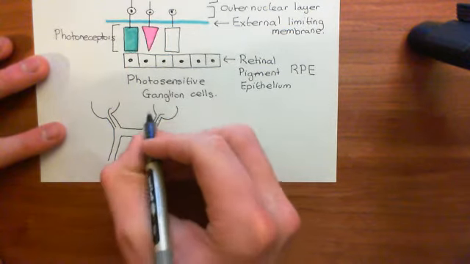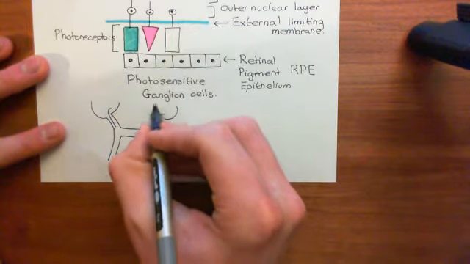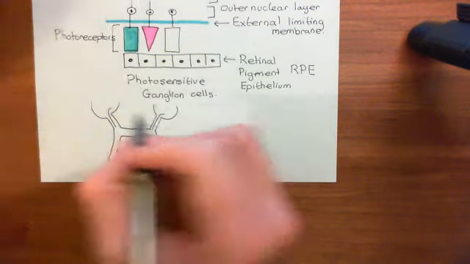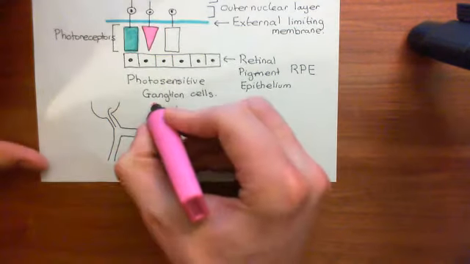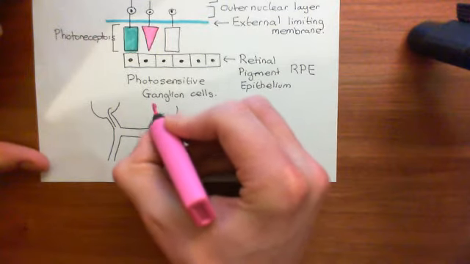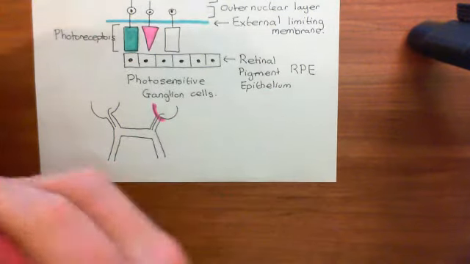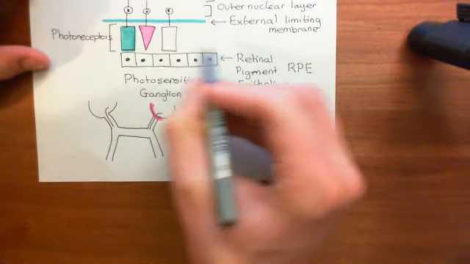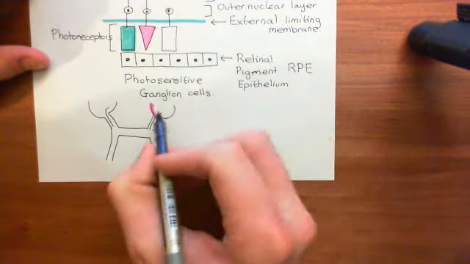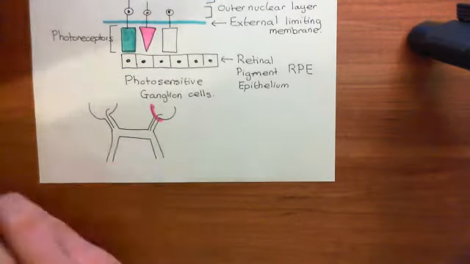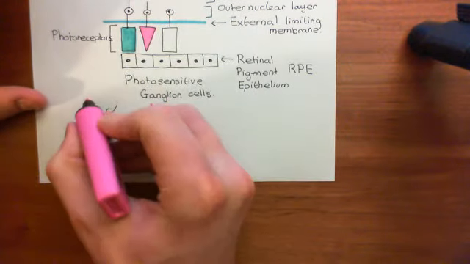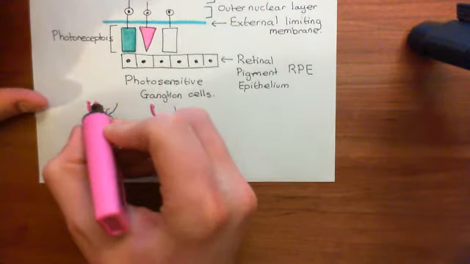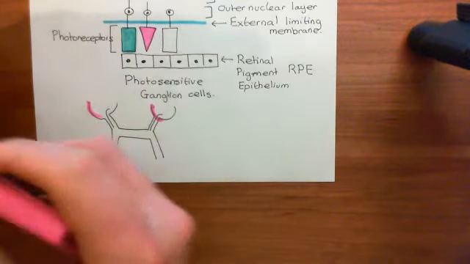Usually, the axons which innervate this portion of the eye on the right side, in purple, which gives you information about light sources in this direction, will cross over to join the axons which come from this side on the left eye.